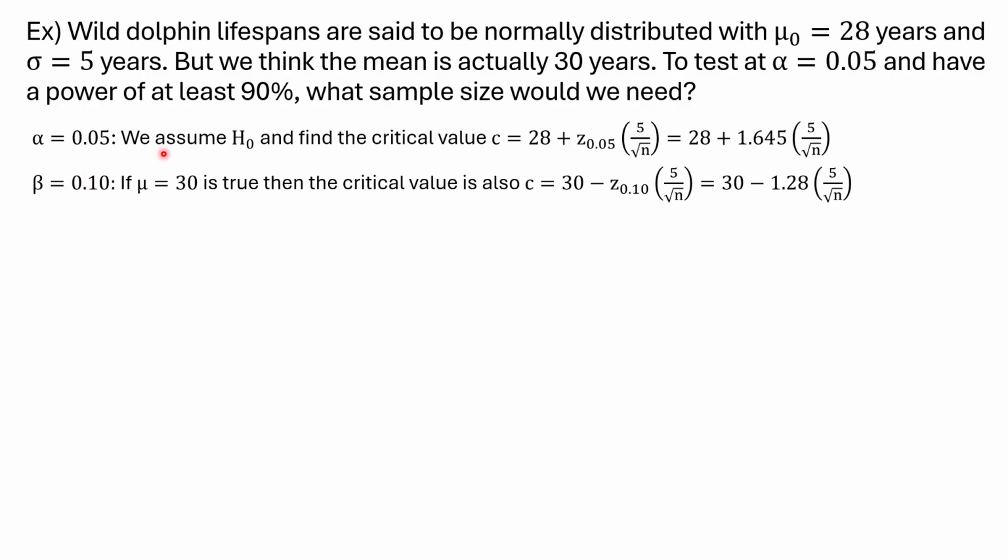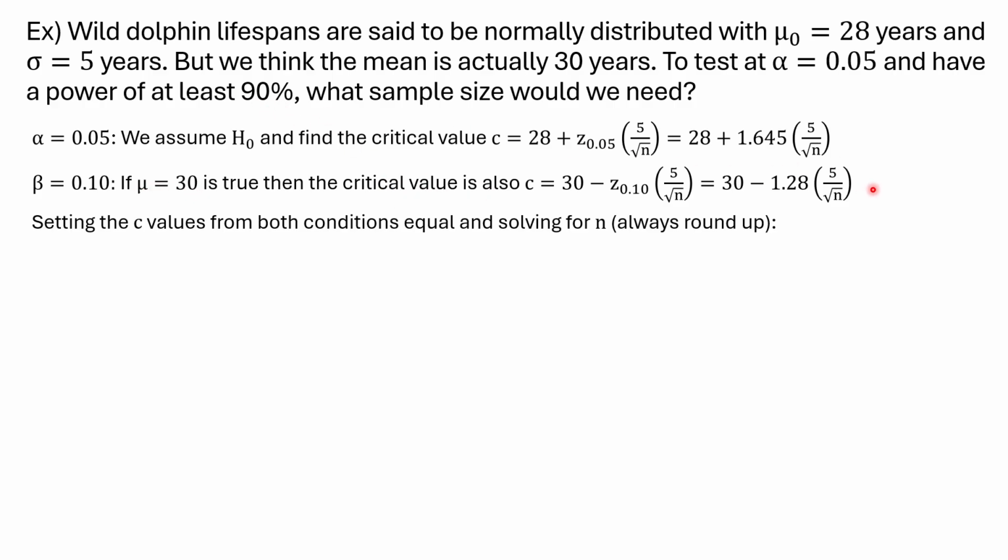So if it is truly 30 years as the true population mean, then the critical value for that side, which we'll visualize soon, will be c equals 30 minus z of 0.1 times the standard error. So we should be 1.28 standard errors less than 30. If 30 is the true value, that should be the critical value we're considering for 90% power.